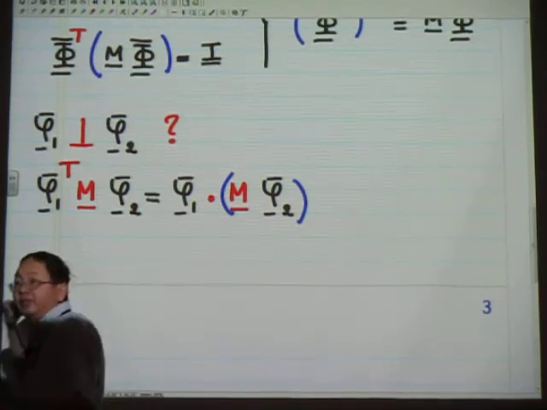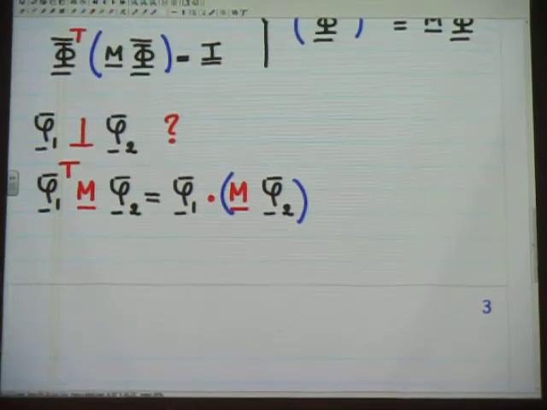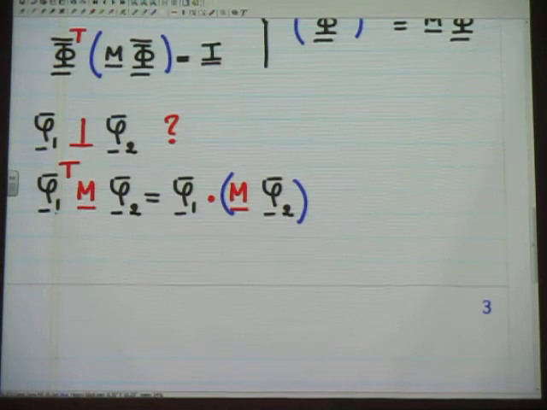And so if the result is 0, then phi1 bar is orthogonal to phi2 bar. So maybe let me write like this.